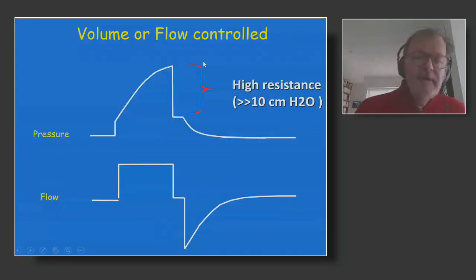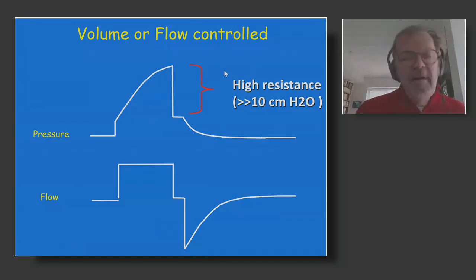You remember this diagram showing a patient with very high resistance. And when I say high, it's clearly higher than 10 or 15 centimeters of water. So of course, this is not good because it means your patient, for instance, had a severe asthma attack.